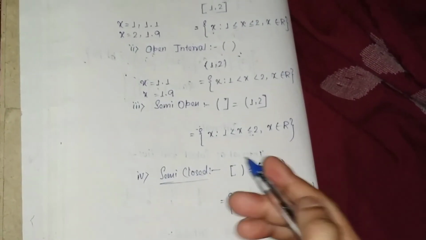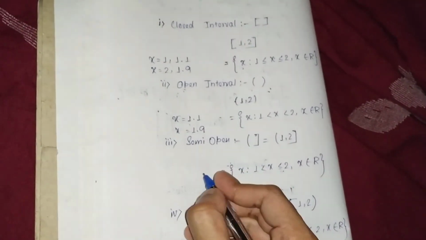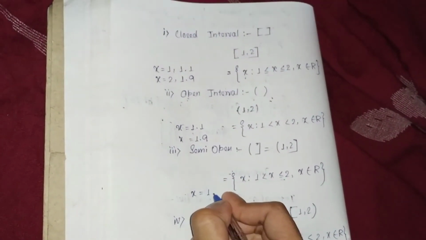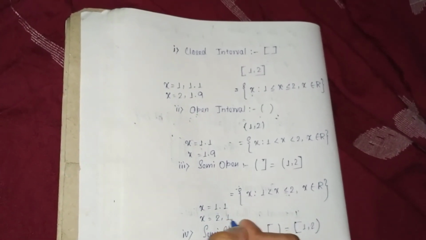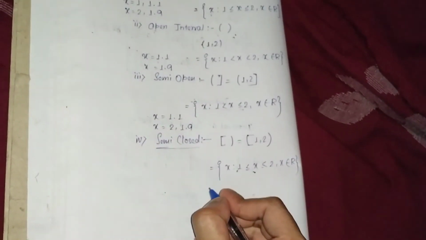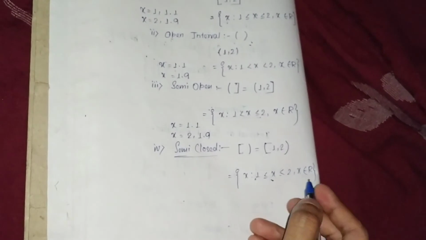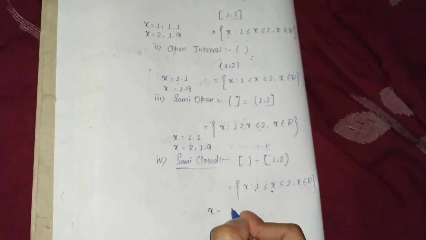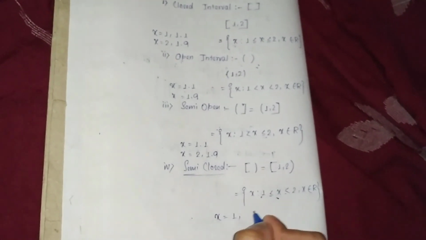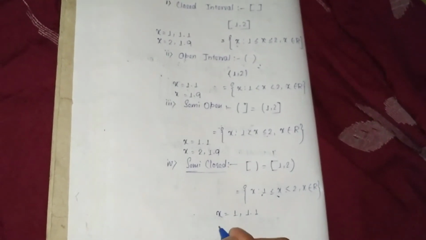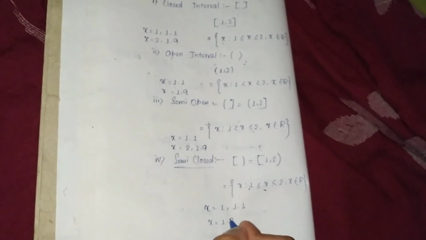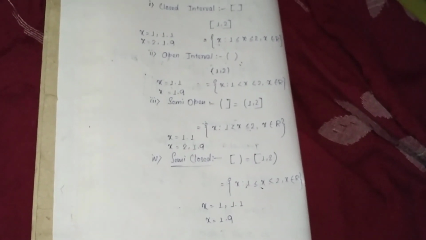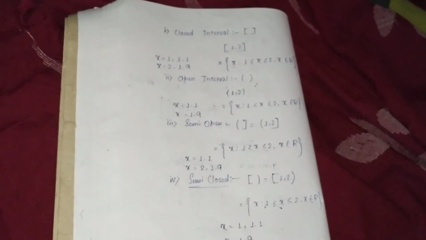In case of semi-open interval, x value starts from 1.1, but has to end at 2 or 1.9. In case of semi-closed interval, x value starts from 1 or 1.1, but has to end on 1.9. Okay, that's the concept of interval.